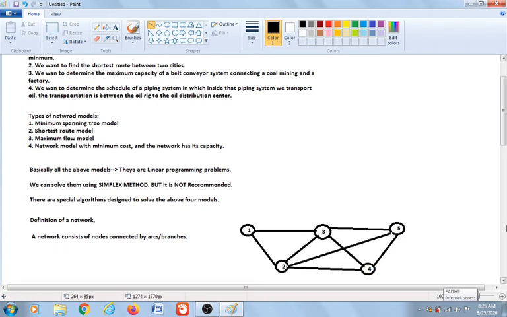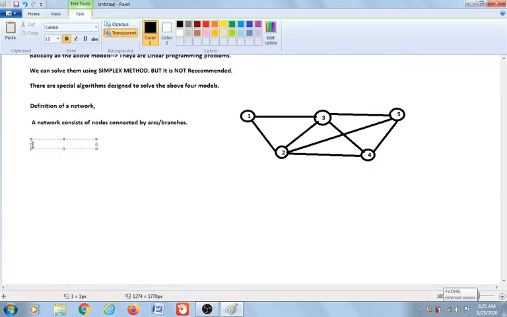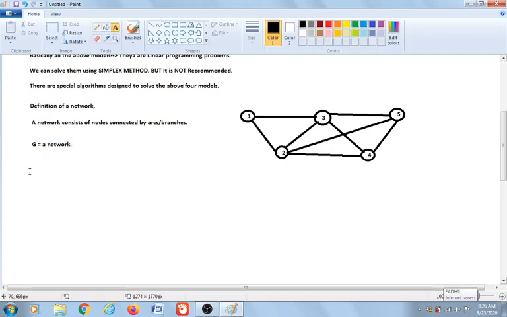So in order to write the network, or the notation of a network, we will use G, capital G, as a network. So we will label this network as the network G.